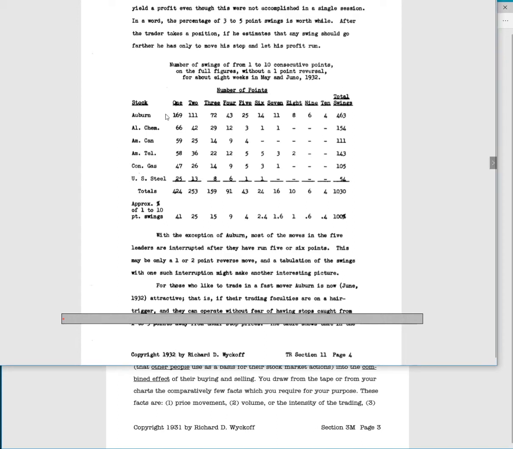Obviously you have here a lot of 1 point swings, and in some cases you have like a market that keeps on going. It's a runaway market. So in this case, Auburn had 4 times it had swings of 10 points without a reversal.